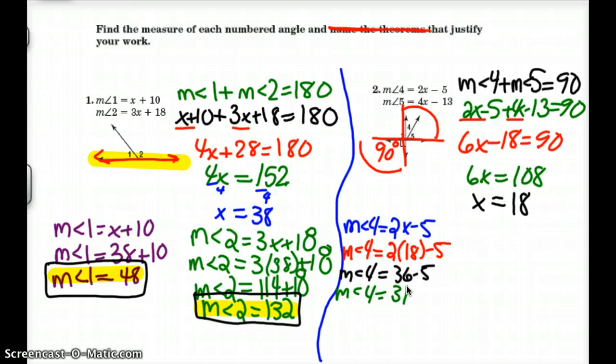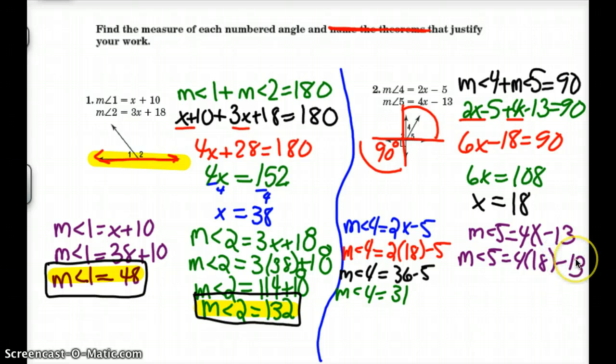Now I need to find my other angle. Measure of angle 5 is 4x minus 13. Measure of angle 5 is 4 times 18 minus 13. 4 times 18 is 72 minus 13, which is 59.